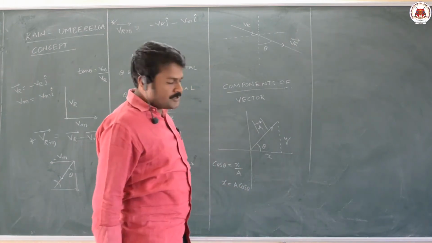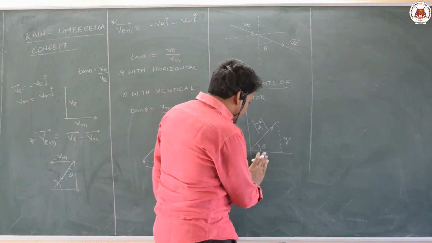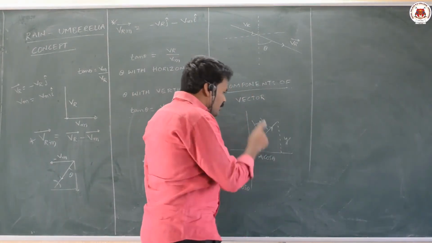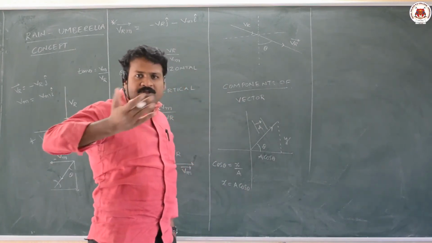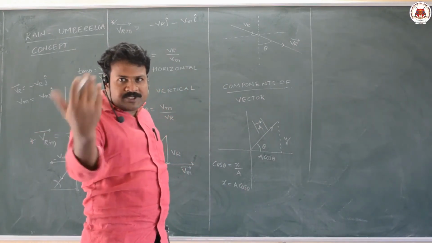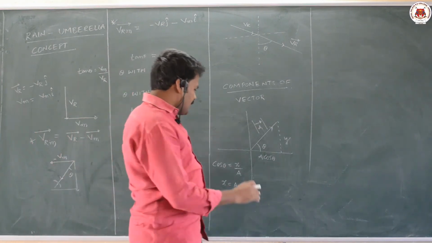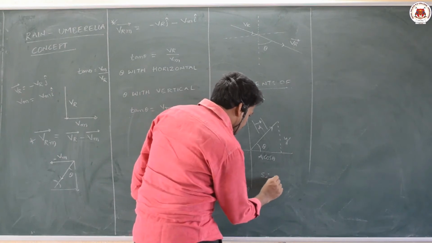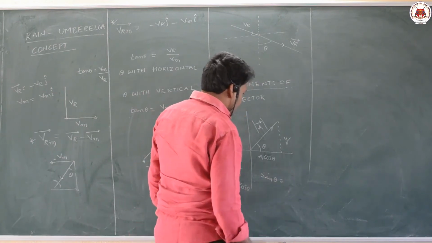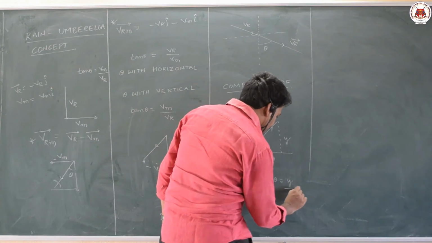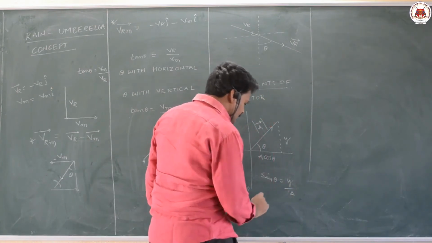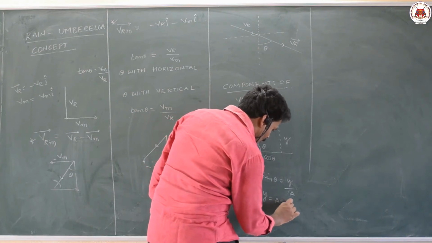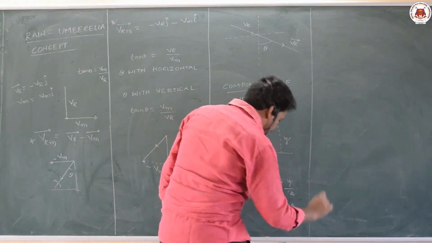X is equal to a cos theta. So this x component I can write as a cos theta, and the y component, we are making them to represent along x and y. So y by a is equal to sin theta, so y is equal to a sin theta.